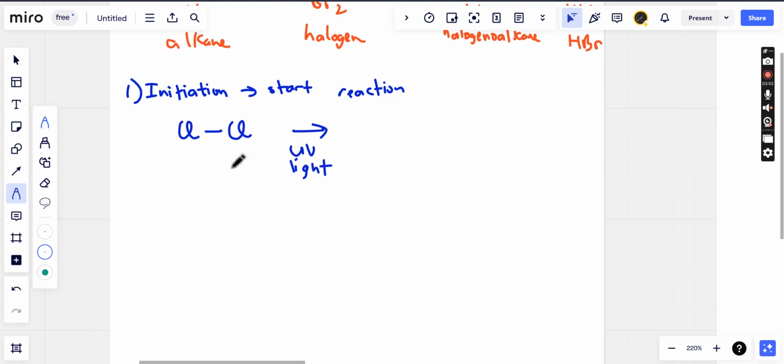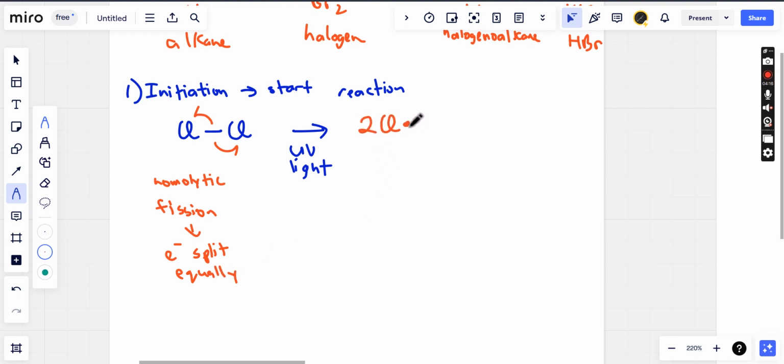What happens here is that it will undergo homolytic fission, which means that the electrons are split equally between these two. Electrons split equally. And then you form two chlorine radicals.